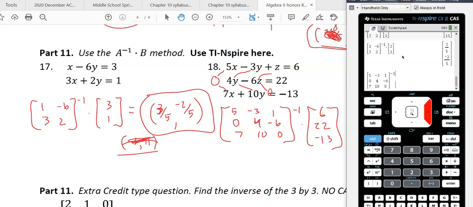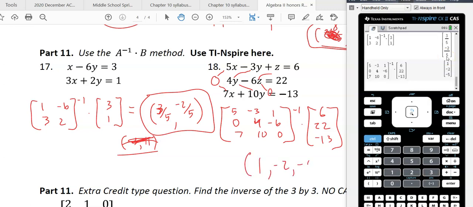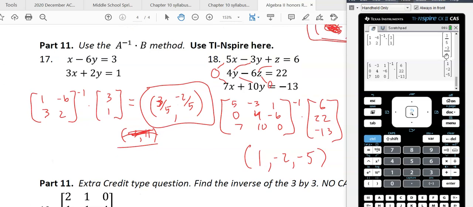Negative power, 3 by 1, so it should be a 3 by 1. 6, 22, and negative 13. And so I get 1 times negative 2 times negative 5. Let's just make sure that works. So 5 plus 6 is 11, minus 5 is 6. That works. So I'm pretty sure about that.